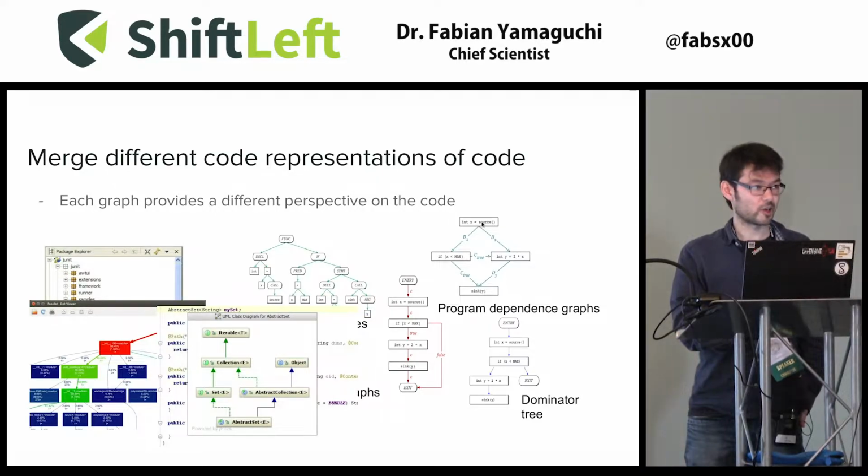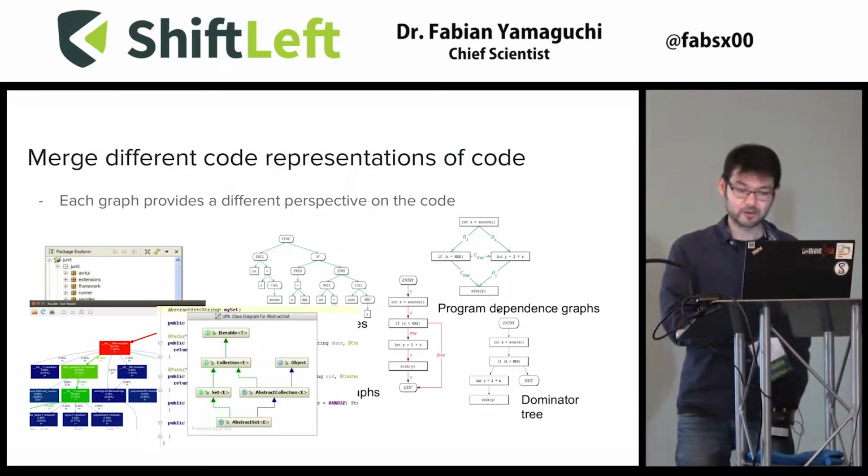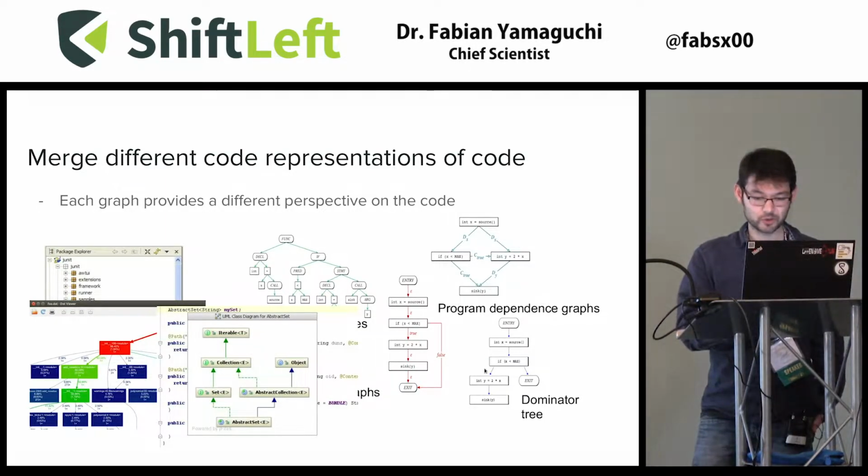So, are there any variables that are set which are used at another point and nothing happens in between? And a lot of other structures like the dominator tree here. And then there are more high-level structures like, for example, type hierarchies, where you can simply see which type derives from which other type, call graphs, all these kinds of things.